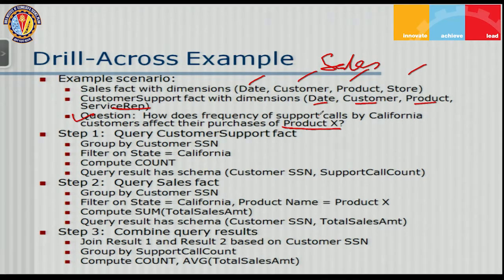I query the customer support fact and group by customer SSN and filter on state equal to California, and compute count and query result as schema customer SSN. This SSN is the unique identifier for a customer, and how many calls he made, and this customer is from California.